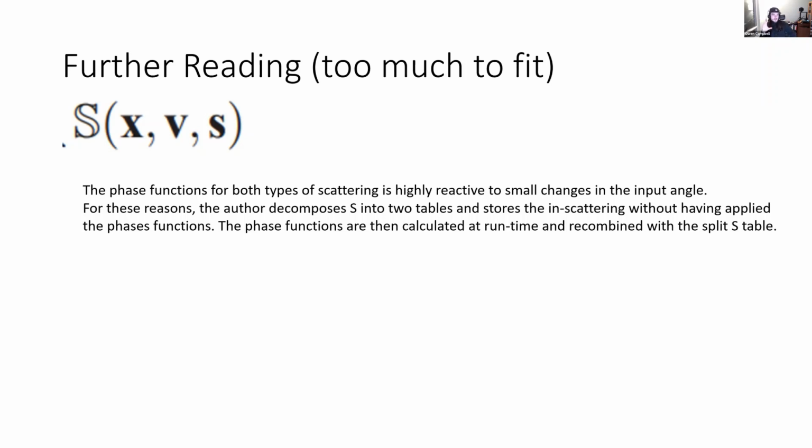They don't store that in the lookup table. So at runtime, when you're looking at this value, you actually have to get the two values of the Rayleigh and the Mie, apply the phase function at runtime, and then put it back together to get the real value. It's kind of overcomplicated for just this presentation, but that's pretty important if you want to actually create these textures.